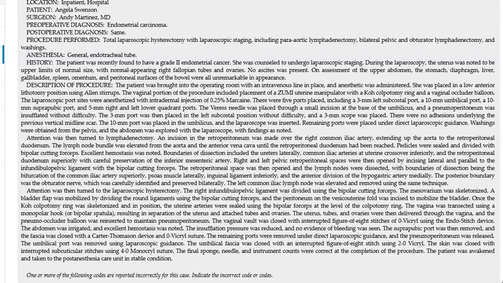The posterior boundary was the obturator nerve, which was carefully identified and preserved bilaterally. The left common iliac lymph node was elevated and removed using the same technique.